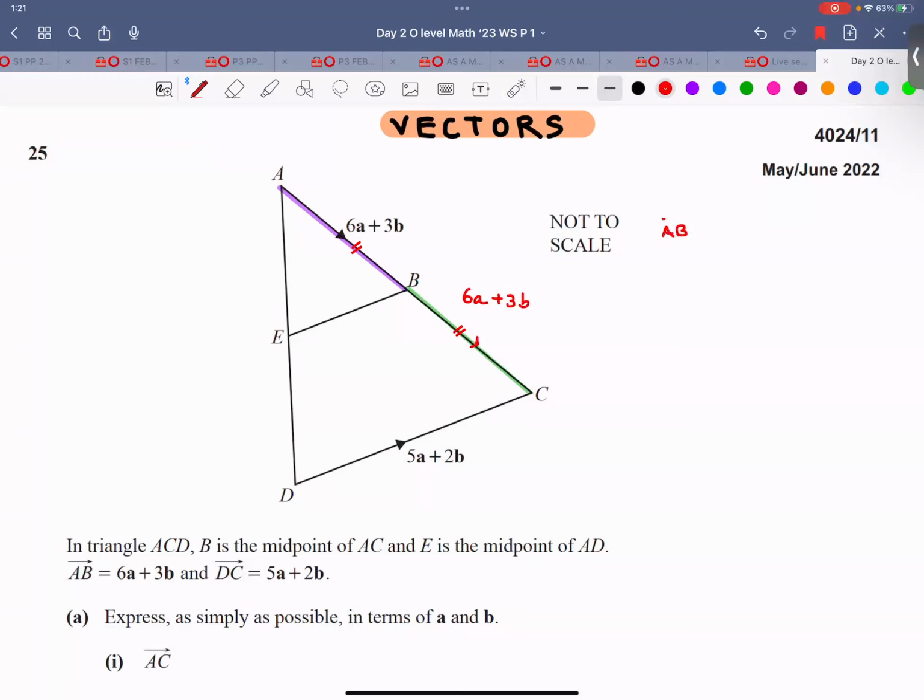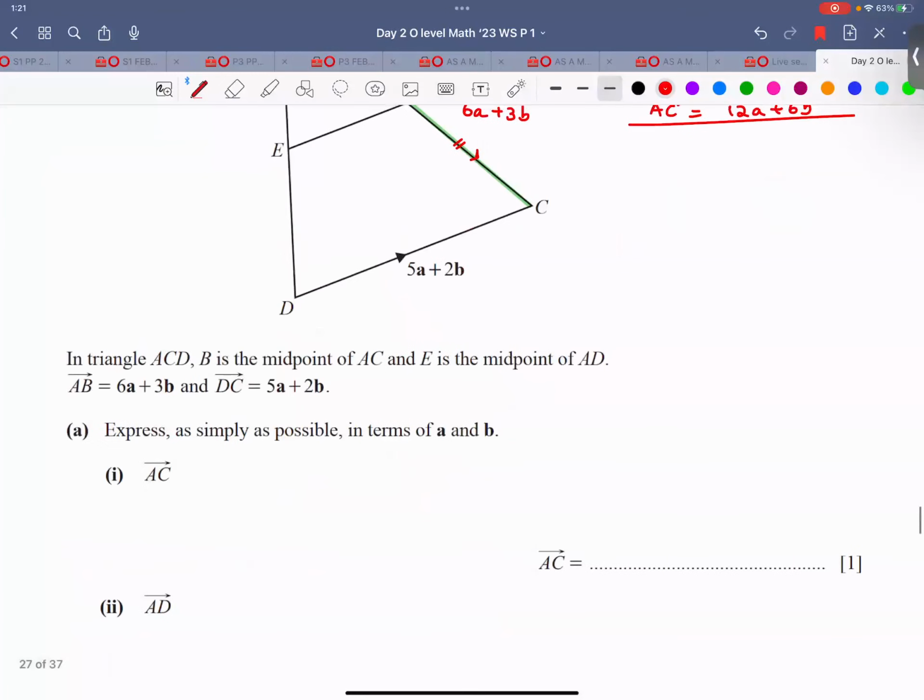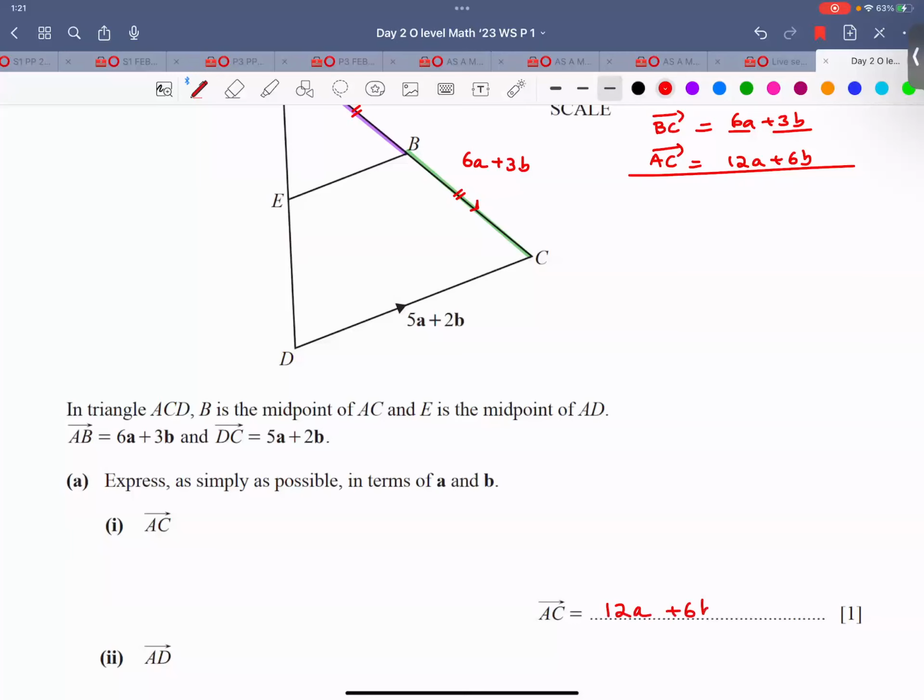AB is 6a plus 3b, and BC becomes 6a plus 3b because B is the midpoint. In other words, AC is 2 times 6a, or we can add it up, that is 12a plus 6b. That is the first thing that they have asked, which is 12a plus 6b.